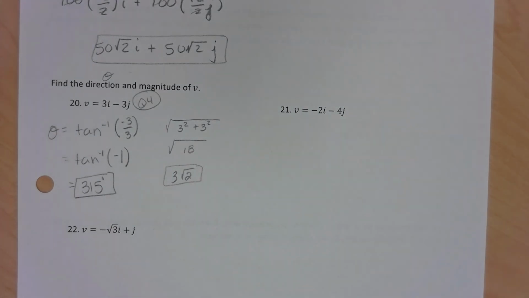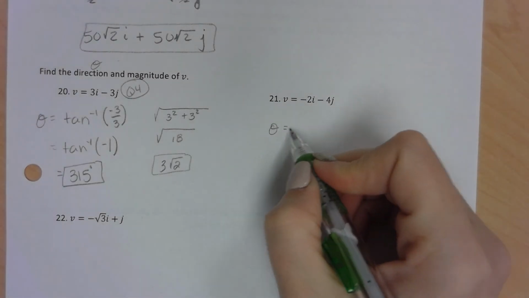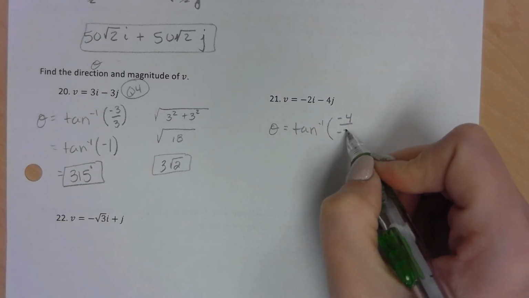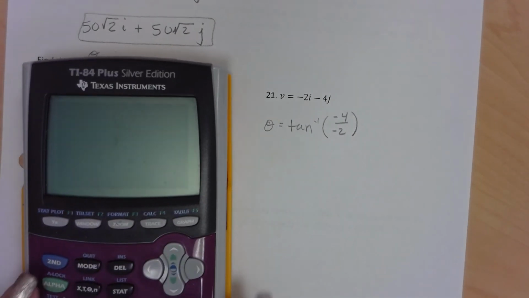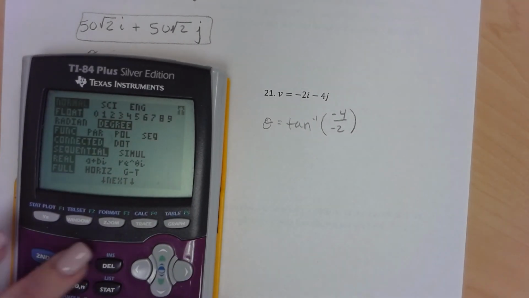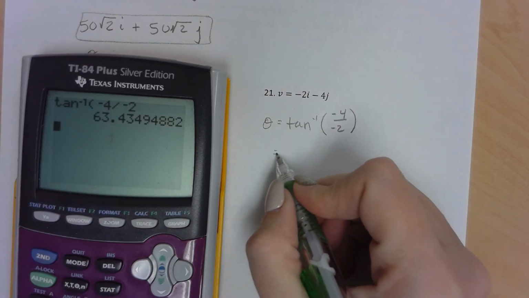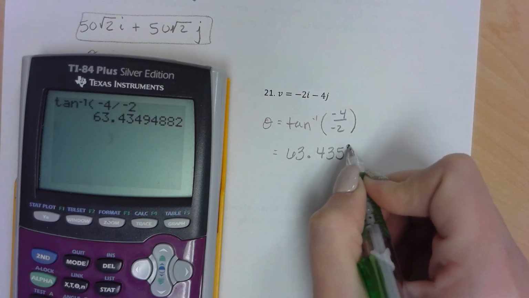Okay, so number 21 here, we've got v is -2i minus 4j. So to find our angle, we're going to do tangent inverse of -4 over -2. Make sure that you're in degree mode. So tangent inverse of -4 over -2 would give us 63.435 degrees, right?